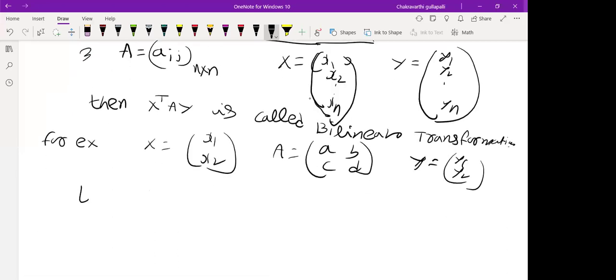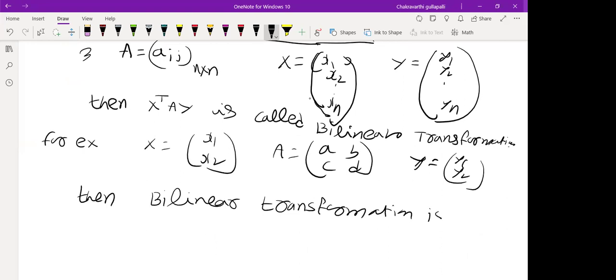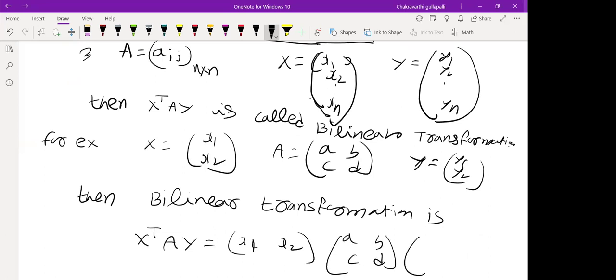Then the bilinear transformation is x transpose Ay. So this is x1, x2. Transpose means this column will become row, into ABCD into y.